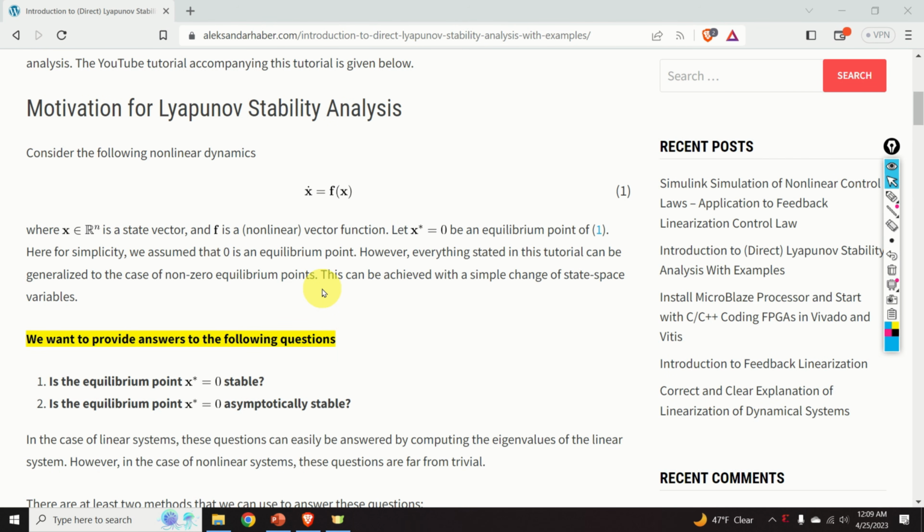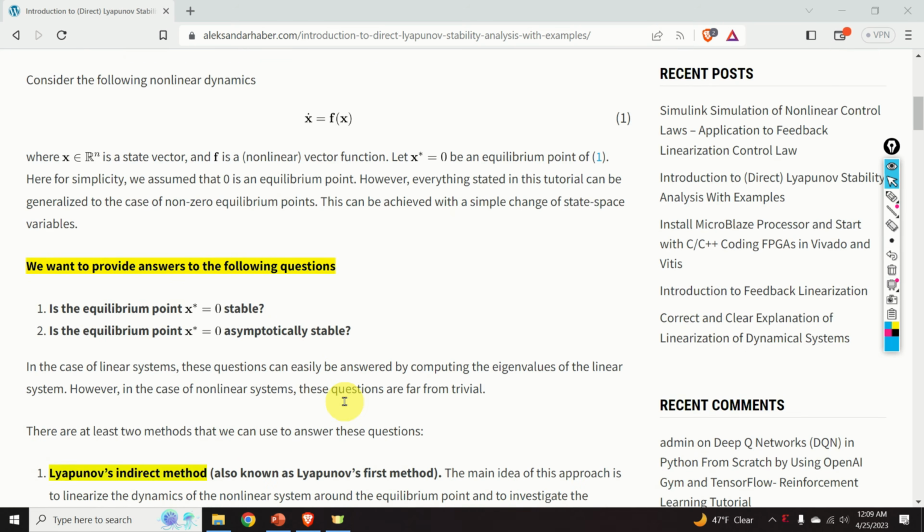When analyzing the stability of a dynamical system, we want to provide answers to the following questions. Number 1: is the equilibrium point x star equal to 0 stable? Number 2: is the equilibrium point x star equal to 0 asymptotically stable? In the case of linear systems, these questions can easily be answered by computing the eigenvalues of the A matrix of the linear system.